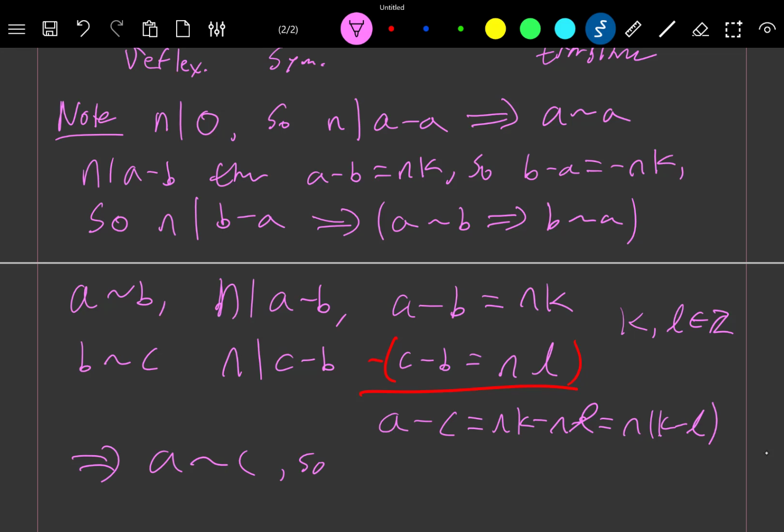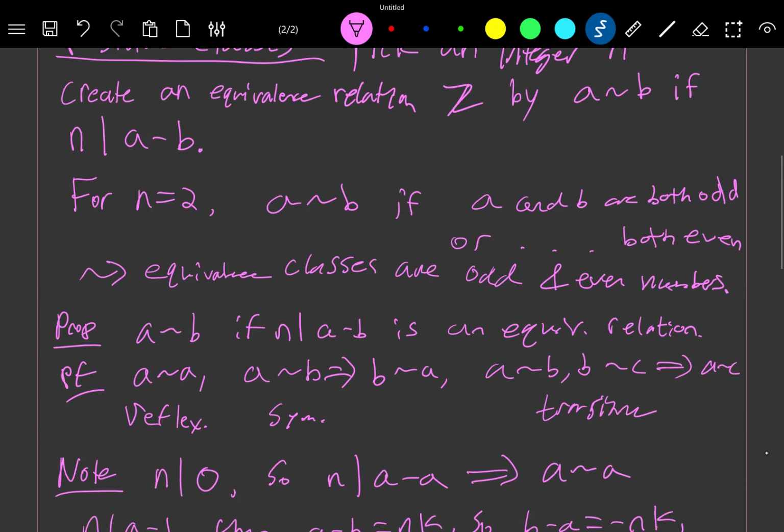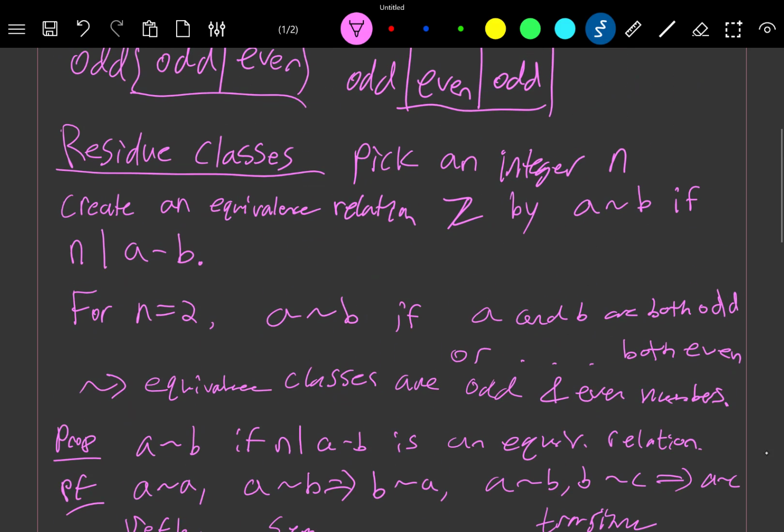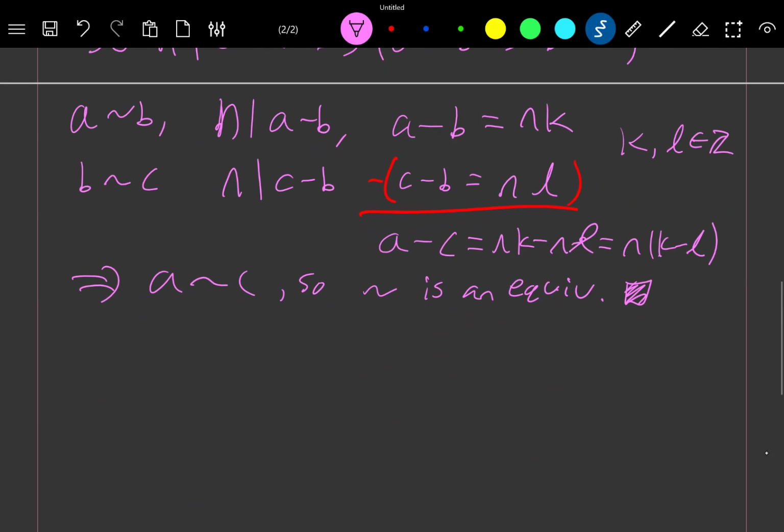So this is an equivalence relation. We have that this division forms an equivalence relation, and then the residue classes are the equivalence classes of the relation.